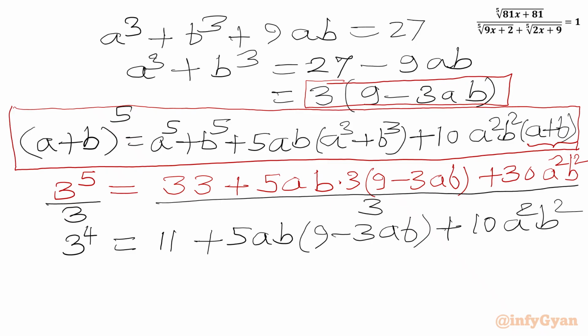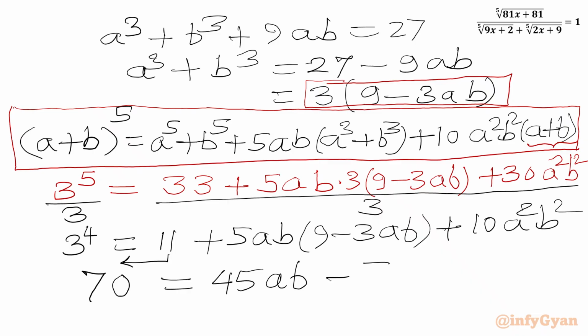Now 3 power 4 is 81. And if we take 11 to the LHS, 81 minus 11 is 70, equal to 5AB times 9, so I can write 45AB. 5AB times minus 3AB, so minus 15A square B square plus 10A square B square.